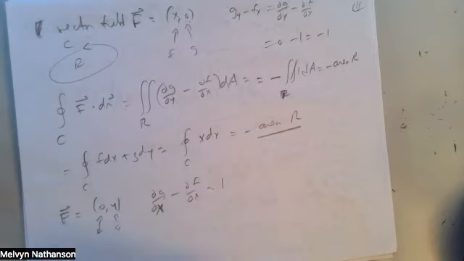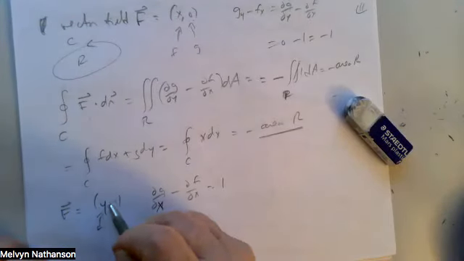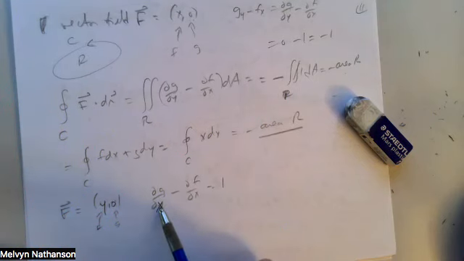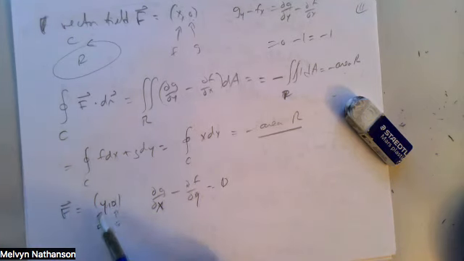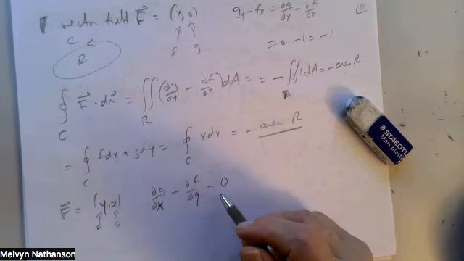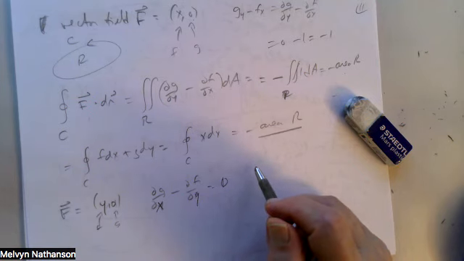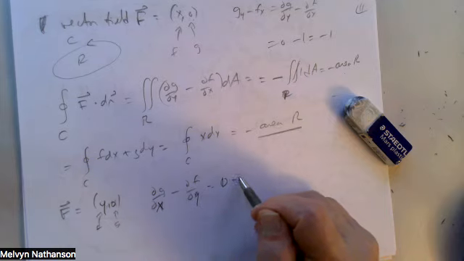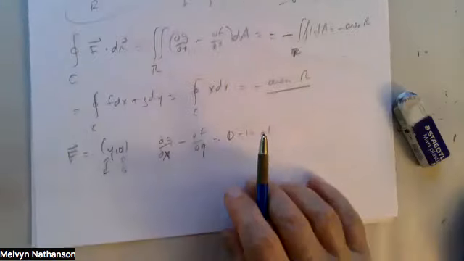Sorry, I want to take the vector field y comma 0. So the partial g with respect to x minus the partial of f with respect to y. If I differentiate 0, I get 0. If I differentiate y with respect to y, I get 1. I get minus 1.